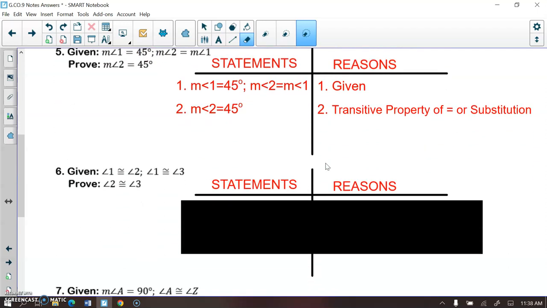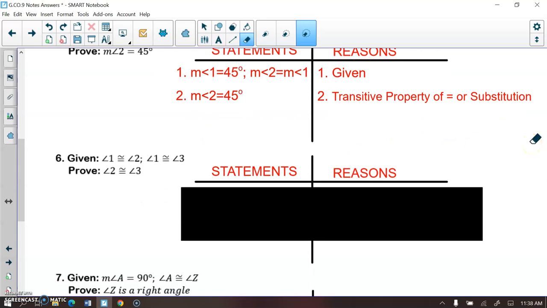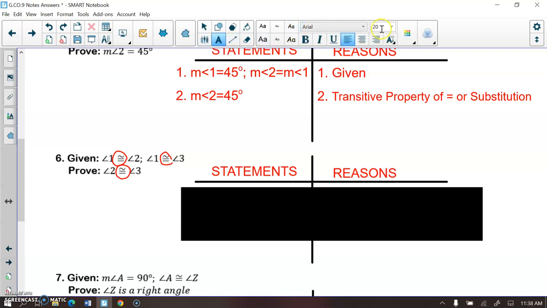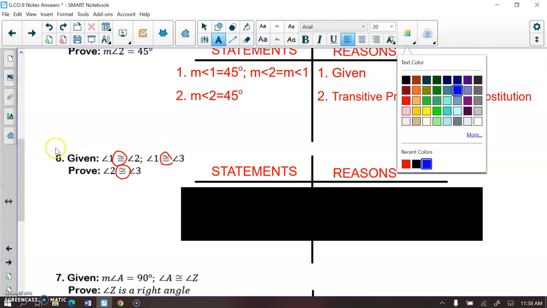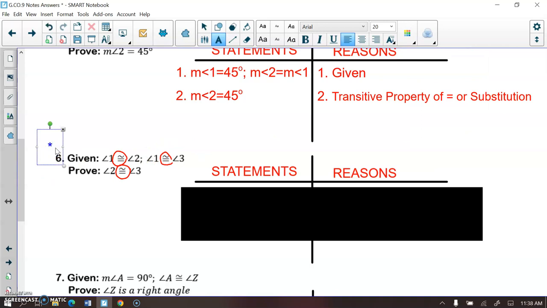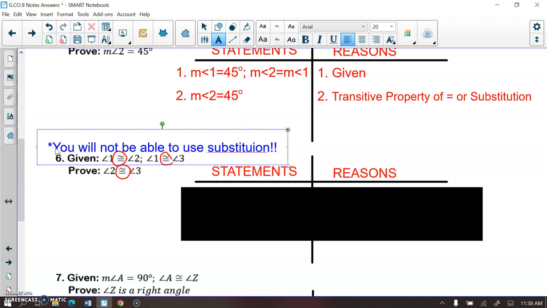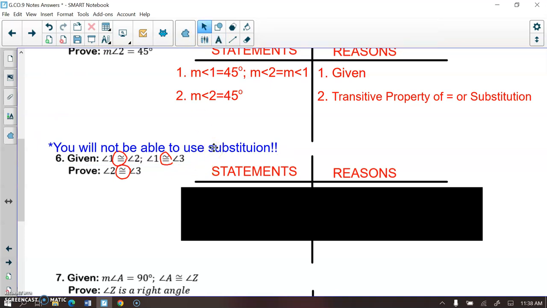However, let's look at number 6. This is very important. We see all congruent symbols. So right away, you should notice that for number 6, you will not be able to use substitution, because we are not dealing with equations, we are dealing with congruent statements.